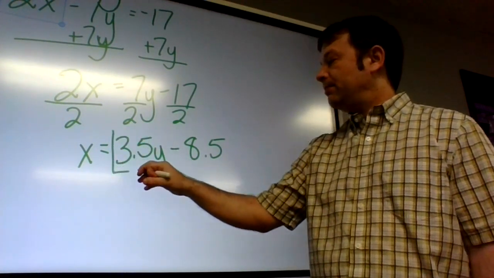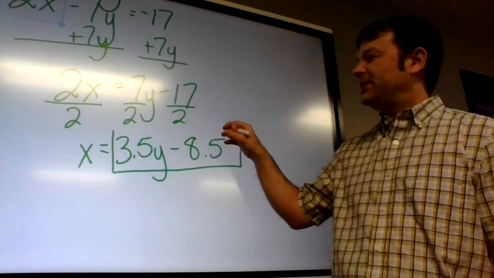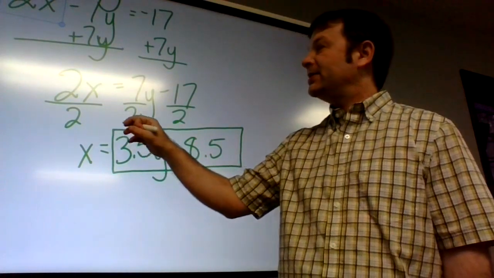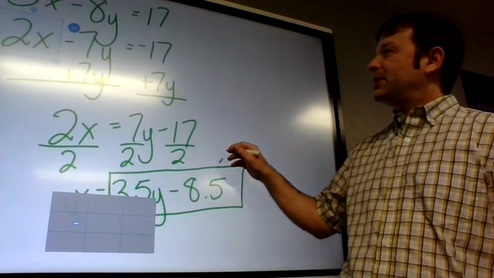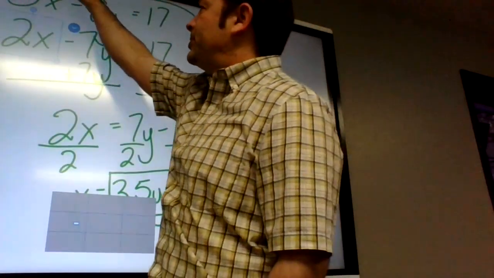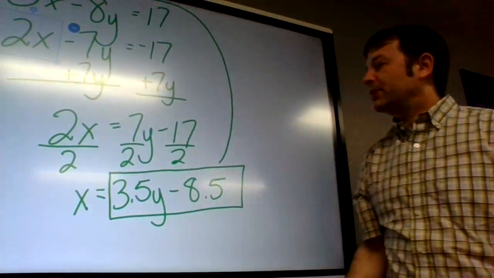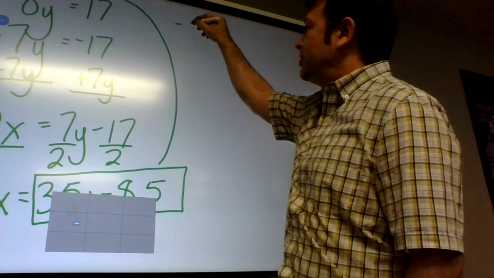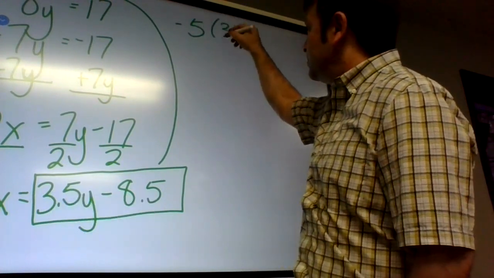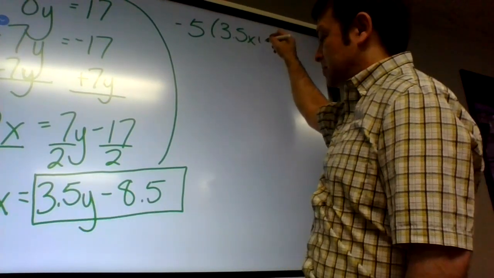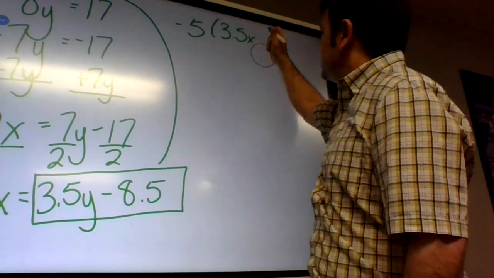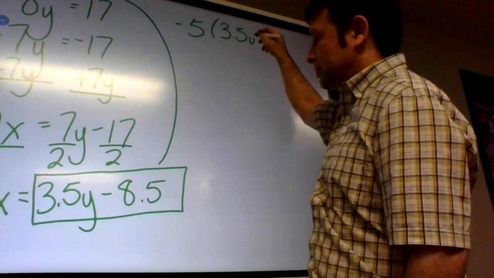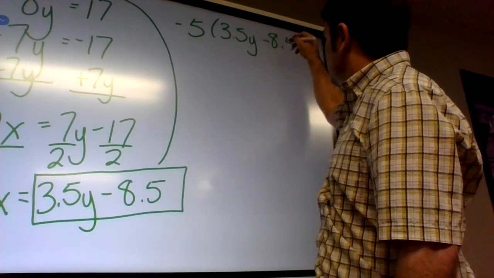Okay, x equals that. So I'm going to replace x in the other equation, the top equation, with that. So the top equation is going to become negative 5. Whoops. I don't know why I wrote x right there.